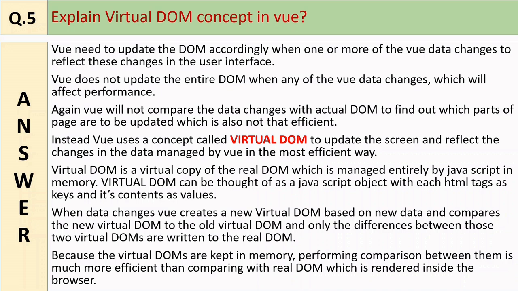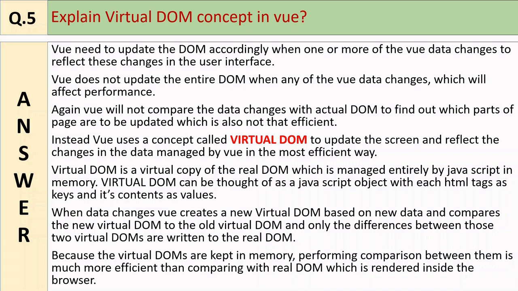Virtual DOM is a virtual copy of the real DOM, which is managed entirely by JavaScript in memory. When data changes, Vue creates a new virtual DOM based on the new data and compares the new virtual DOM to the old virtual DOM, and only the differences between those two virtual DOMs are rendered into the real DOM.